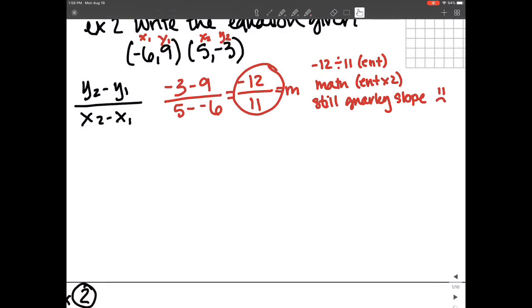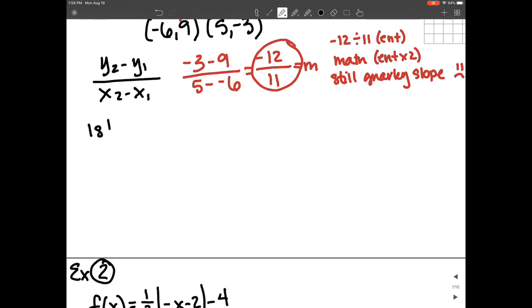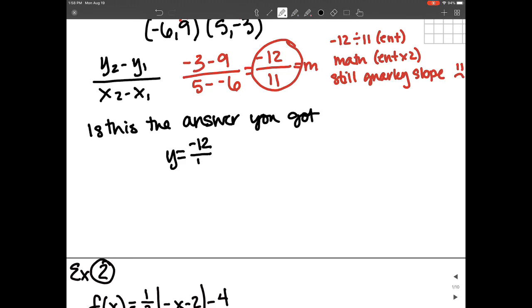Did both of these points check? Okay, so Cairo, can you tell me what that answer was that you all checked? Y equals negative 12 divided by 11 x plus 27 divided by 11. All right, and it checked out with the 2 points?